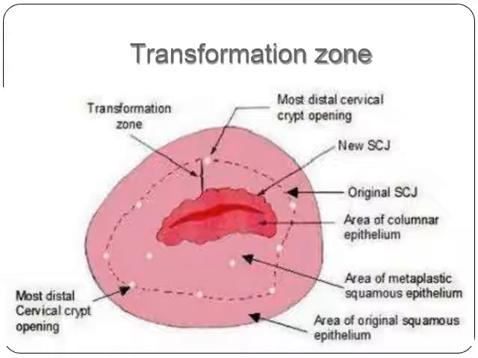The area at which the columnar epithelium was transformed into squamous epithelium is called area of metaplastic squamous epithelium. This is the transformation zone. And so again, transformation zone is the zone of metaplastic squamous epithelium. It was originally columnar epithelium, and during pubertal changes, it's transformed into squamous epithelium.